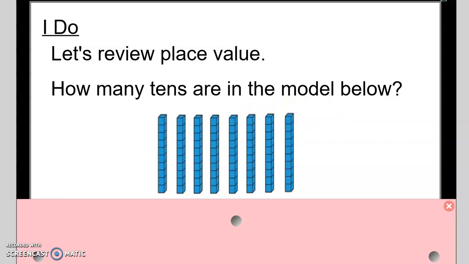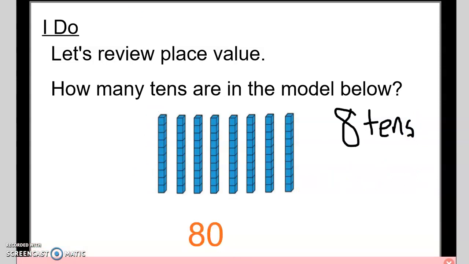So this time, with my 8 tens, and I'm going to write this up here to remind myself, those 8 tens give me 80. So let's check that out. 10, 20, 30, 40, 50, 60, 70, 80. 80, just like I have here on the bottom of your screen. If you're counting out loud with me, that's perfectly all right.